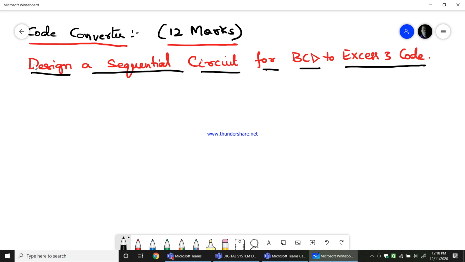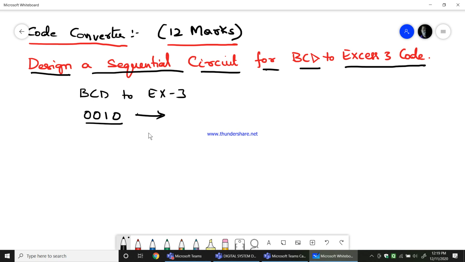Now let us come back to the discussion of BCD to XS3. What is BCD to XS3? Think, if I have given you a code 0010 as BCD, what would be the XS3 code for this? Please tell me.